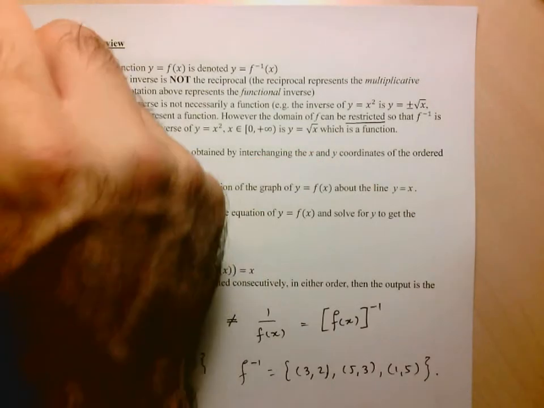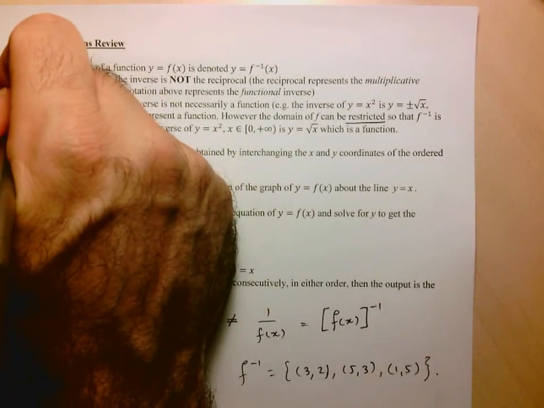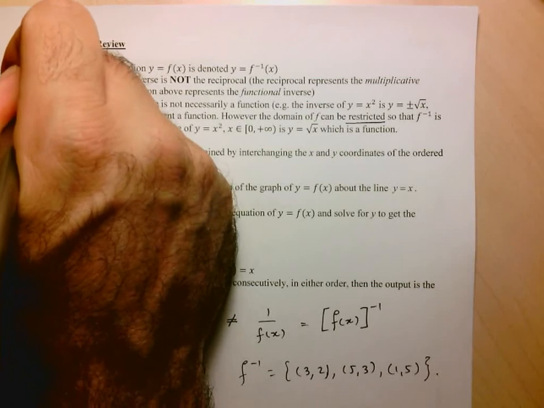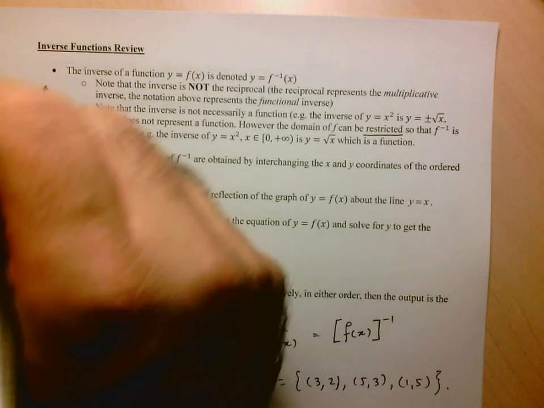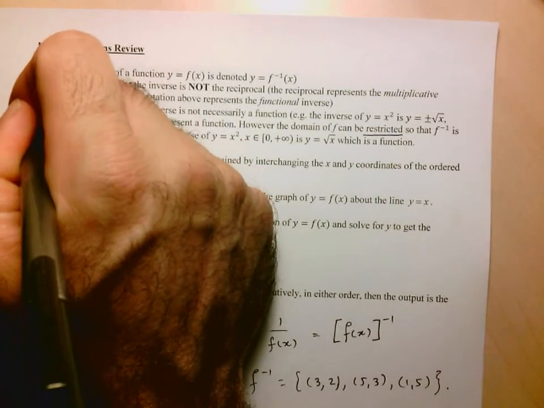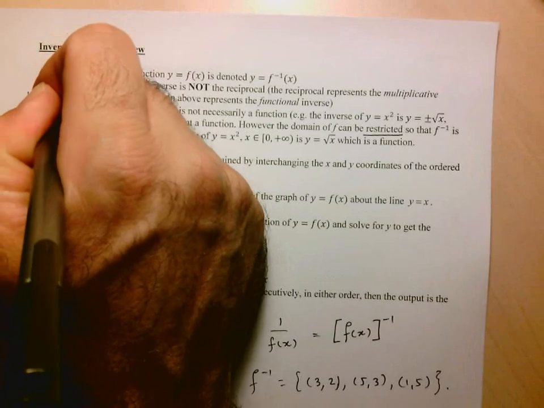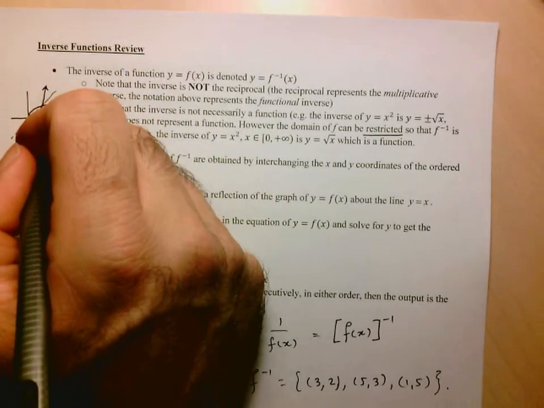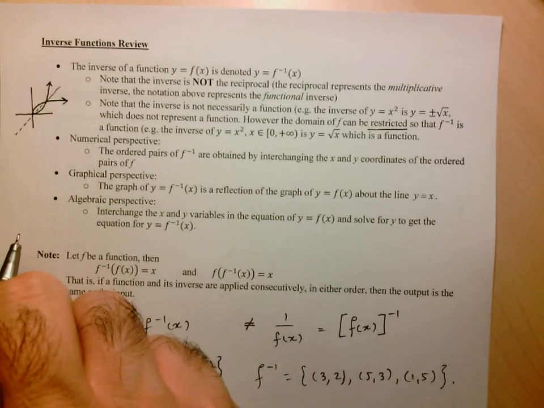In this case, if I take y equals x squared, but only the part where x is greater than or equal to 0, then I can reflect this about y equals x and end up with a function, which in this case would just be the positive square root of x.